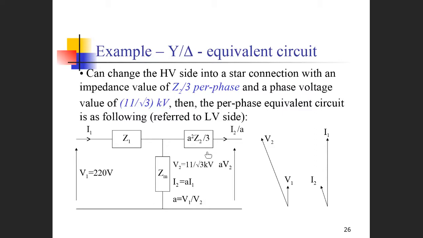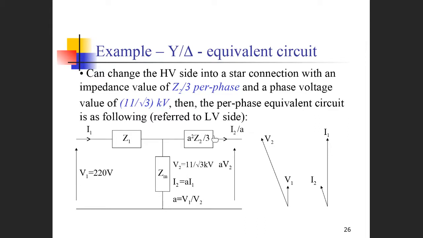When changed into a star connection, you still remember the relationship between the per star phase equivalent and per delta phase equivalent. The delta impedance is 3 times the star phase impedance when they are equivalent. So the delta per phase impedance Z2 divided by 3 is the equivalent star phase impedance.